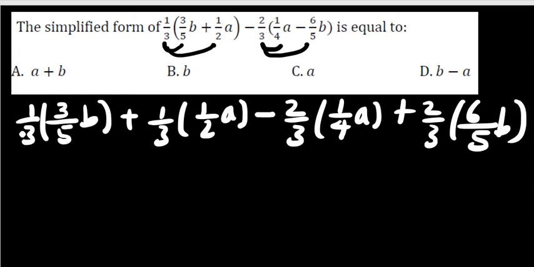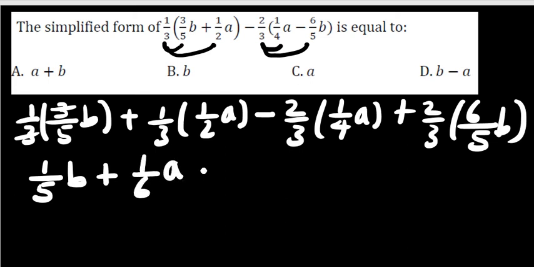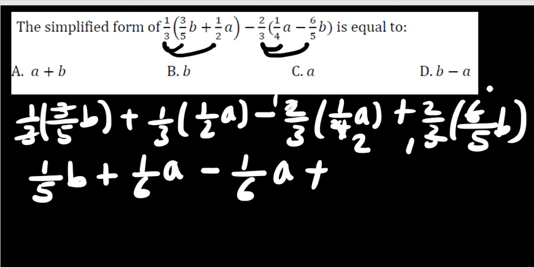Okay, now let's simplify and let's finalize. By 3 cut it, just 1 over 5b left. 1 over 5b plus, here nothing will be simplified, diagonally nothing, just 1 over 6a minus, here by 2 1, this by 2 2, and 1 times 1 will be 1 over 6a plus, here by 3 1, this by 3 2, because 6 is a multiple of 3, so 2 times 2 will be 4 over 5b left.